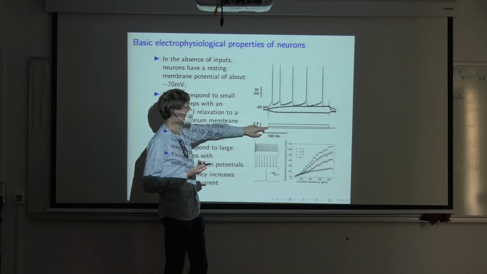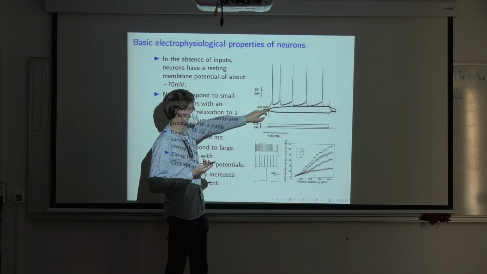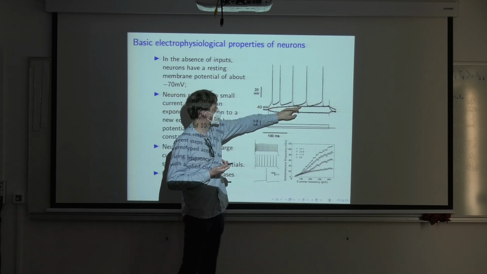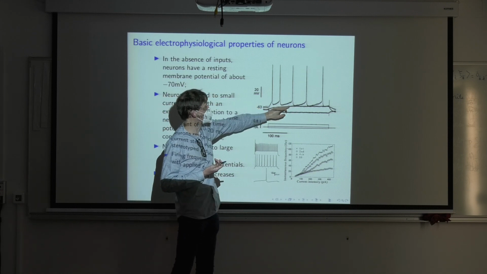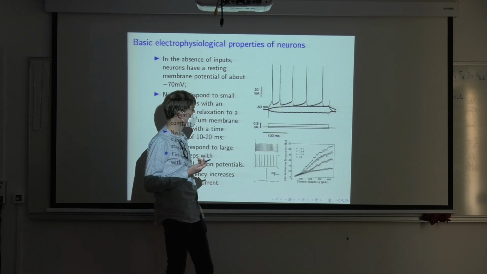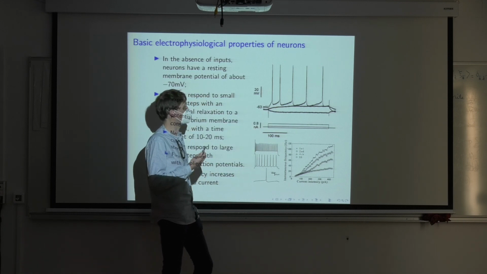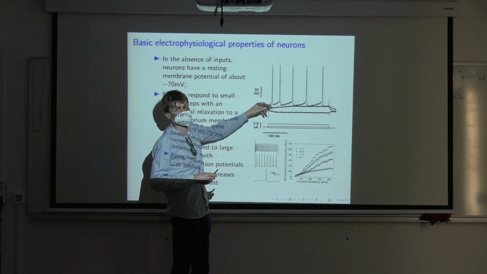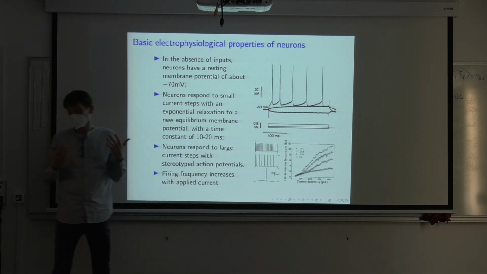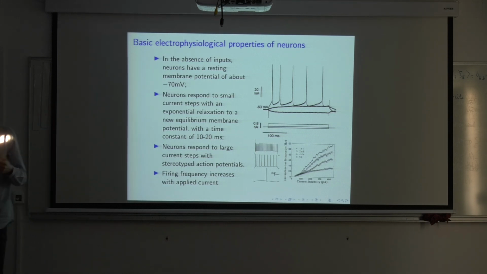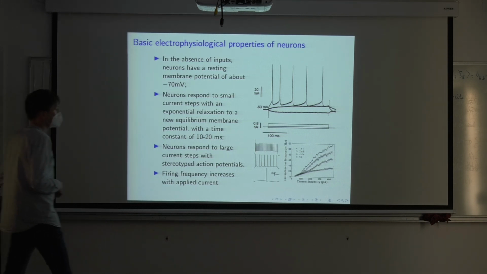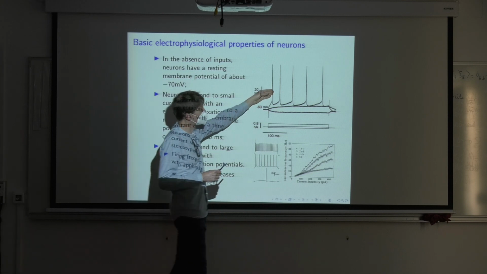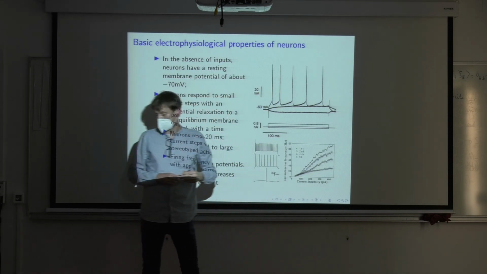What you see is that if you have a small step current, then the neuron will just go to a new equilibrium, and it will go exponentially to that new equilibrium. But if you increase the amplitude of the step current, then there is a bifurcation, basically. You go from having a stable fixed point to something that looks like a limit cycle.